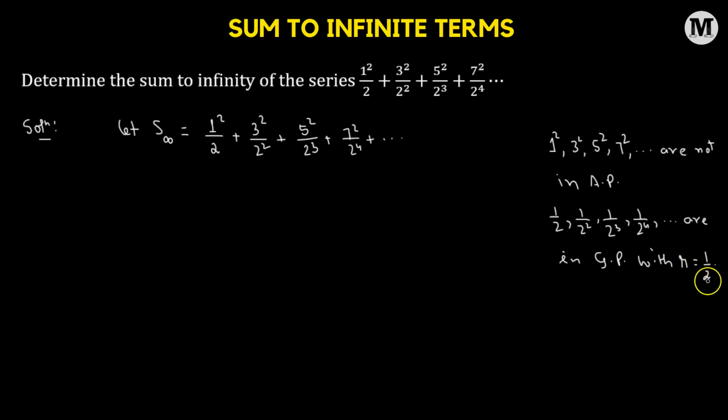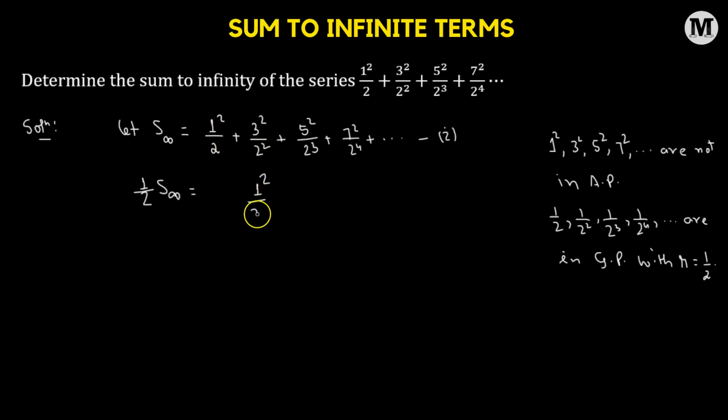So what we will do, we will take this common ratio. So let's name this infinite series as number 1, and we're going to multiply each term with 1 over 2. That's going to give us 1/2 multiplied to the sum of the infinite terms. This will be equals to, so let's take the first term 1 squared over 2, but when we multiply 1/2 to it, we're going to get 1 squared over 2 squared, but we're going to write it below the second term of number 1.